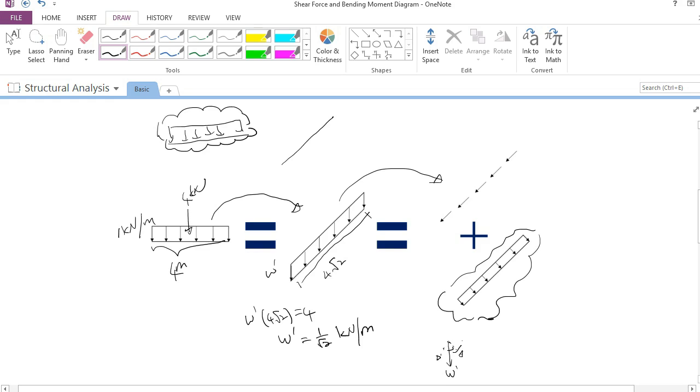This is 45 degrees from the geometry, so this is basically omega prime cosine 45 degrees, which is 1/2. So the magnitude of the uniform load perpendicular to the slope to the beam AB is 1/2. This is the unit. Similarly for this one.